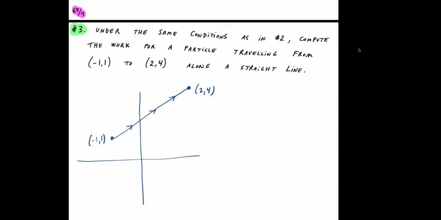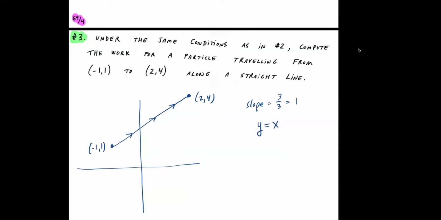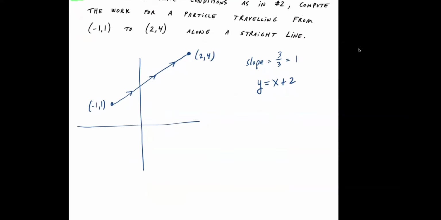How can we parameterize this? Well, we have the slope of the line, rise over run, it's 3/3 or just 1. So we know our line is then y equals x plus 2.